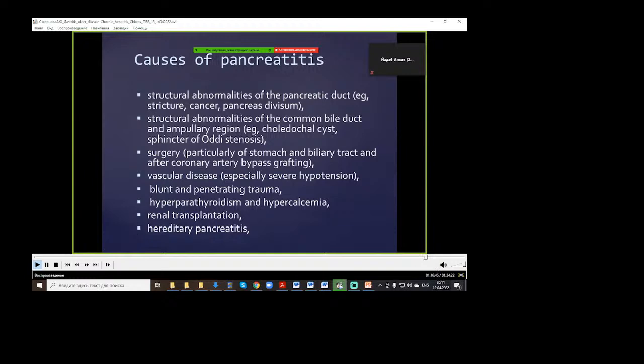Pancreatitis may be connected with structural abnormalities of the pancreatic duct, for example, cancer or stricture, structural abnormalities of the common bile duct, surgery, vascular diseases, especially severe hypertension, blunt and penetrating abdominal trauma, hyperparathyroidism and hypercalcemia, renal transplantation, and hereditary pancreatitis.